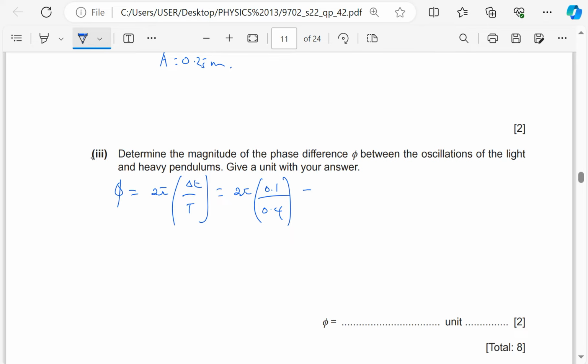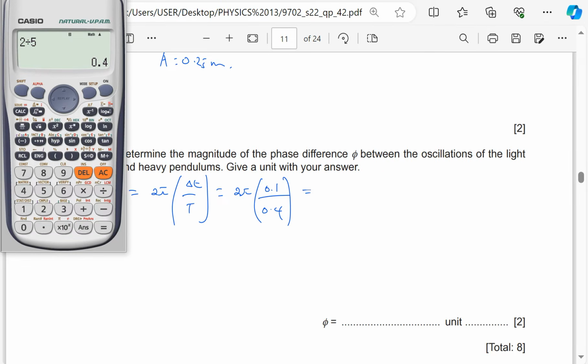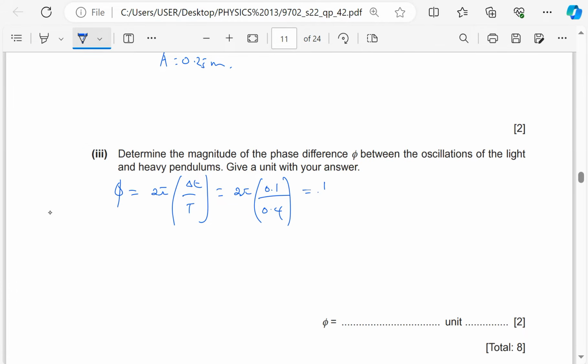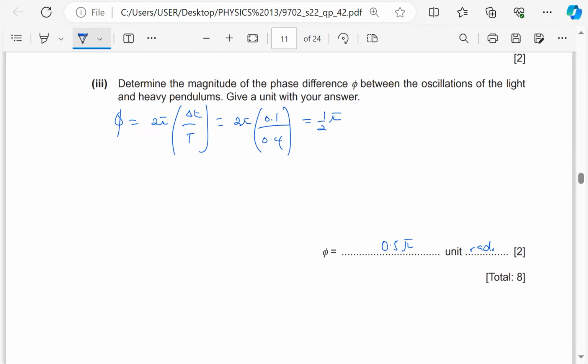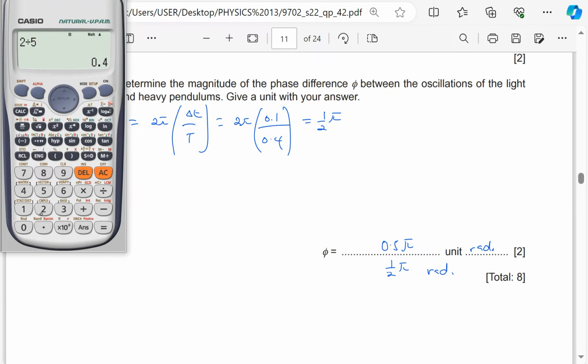So a quarter of that, I think this is a half of pi. This is 0.5 pi in radians, or you can write a half pi in radians. Or I will press the calculator: 2 pi times 0.1 divided by 0.4.